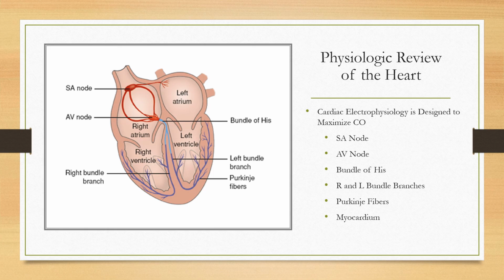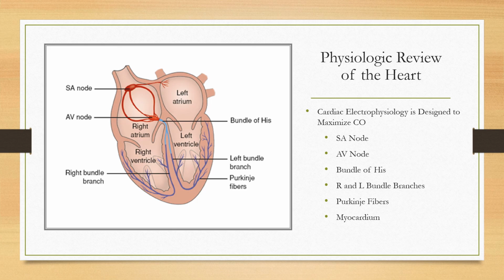It's going to branch into two separate branches, a right branch for the right ventricle, a left branch for the left ventricle, and then the nerves are going to get smaller and smaller, called Purkinje fibers, and they will cover the entire left and right ventricles with little nerves. And then finally those nerves attach to the myocardium, and they can depolarize the myocardium.